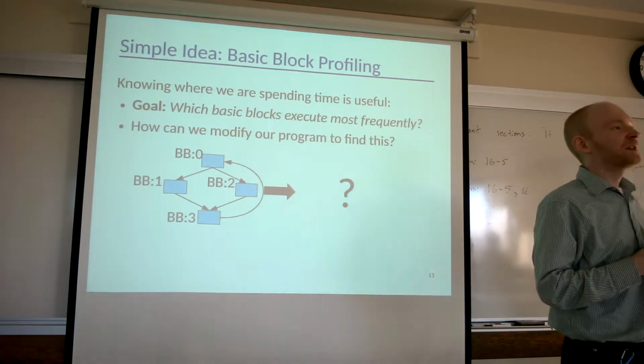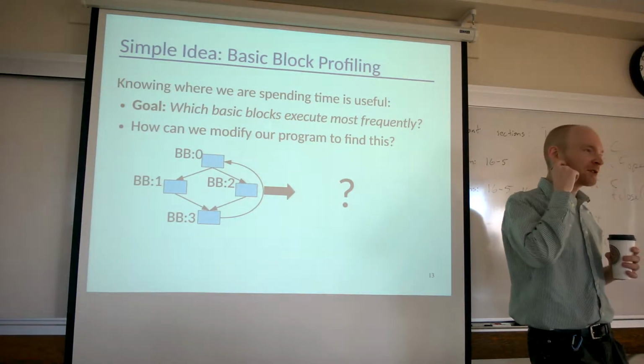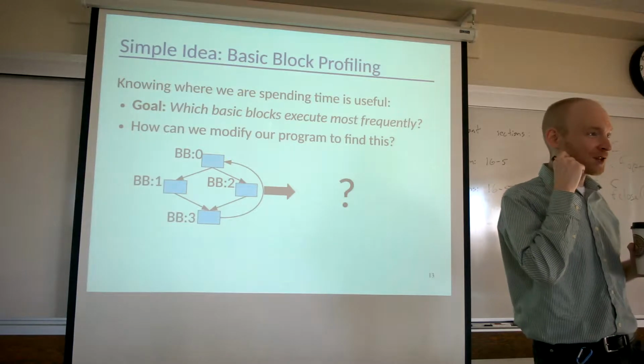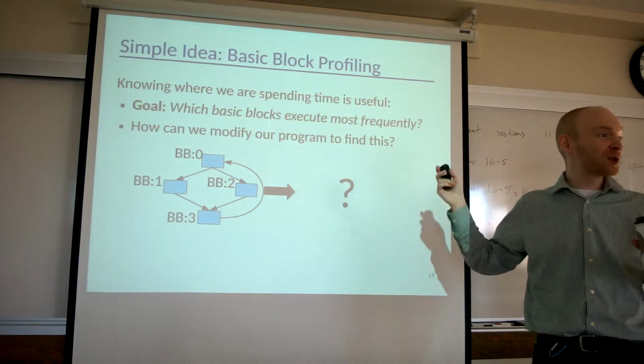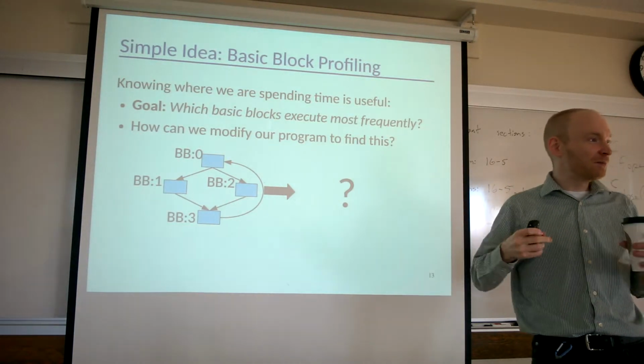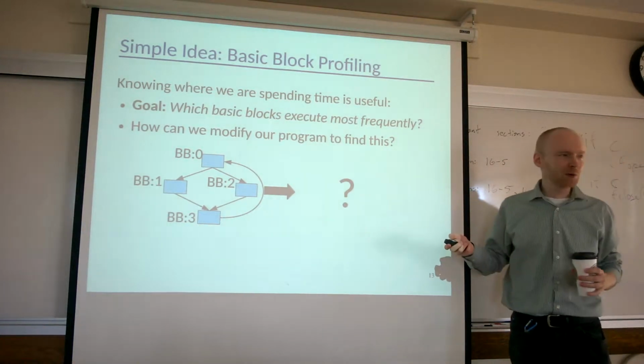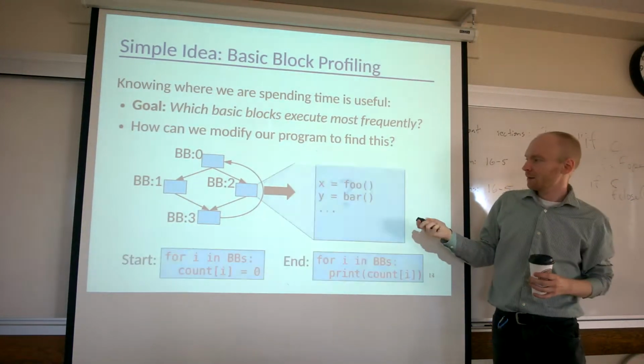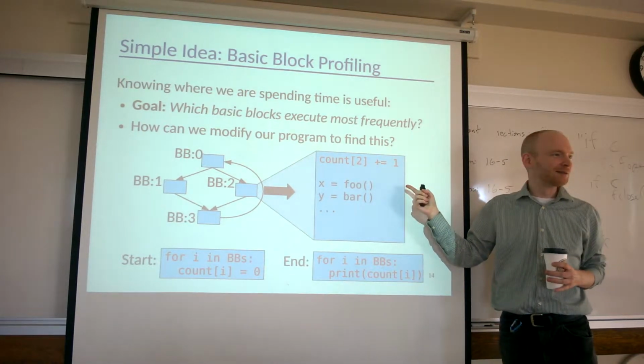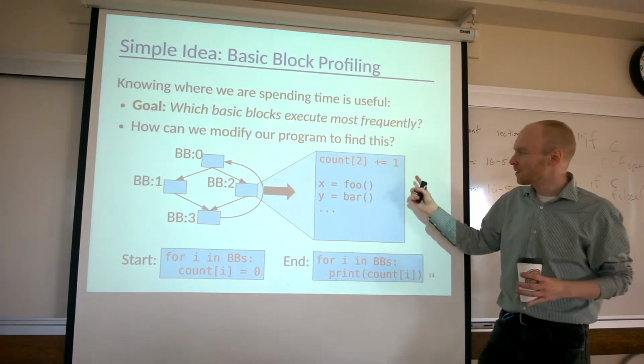This is true. What you're describing is actually called profile-guided instrumentation, which I'm not going to mention until much later in the slides. Or you could just put a counter at every instruction. Or maybe a middle ground: a counter for every basic block. That's an easy way. We can zoom in on every basic block.